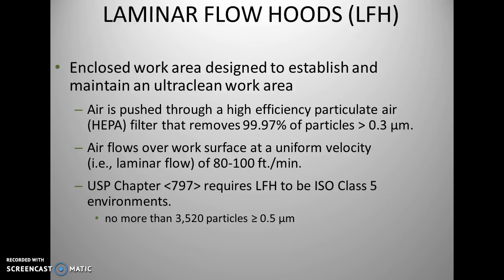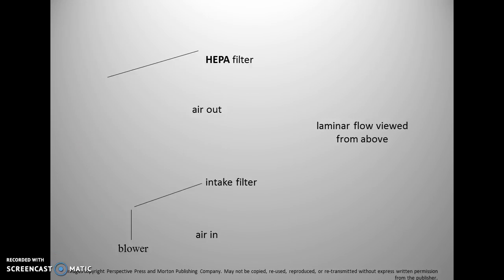There is a uniformity of the air that's passing through, approximately 80 to 100 feet per minute. And then, of course, we talked about USP chapter 797, which regulates this. And you have many different types of designs, both horizontal and vertical.